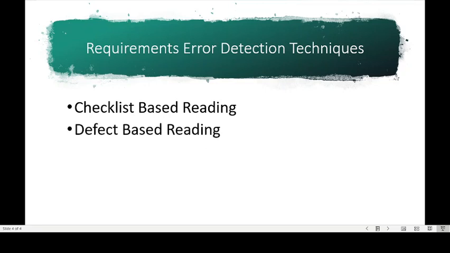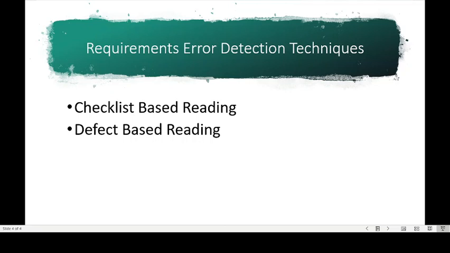The second technique is the defect-based reading technique, where defects are classified and sets of questions are prepared for each defect class. Different reviewers are appointed for document inspection, each focusing on a specific defect class. For example, one reviewer is focusing on finding ambiguous defect type, while another reviewer is focusing on finding an incorrect defect type.